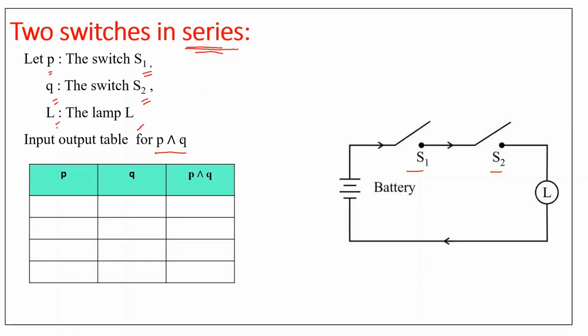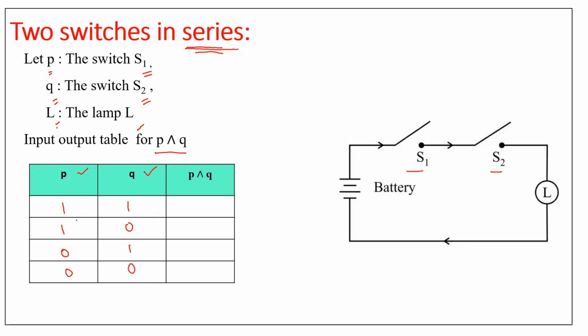As there are two components, that is two switches, we take P as first, Q as second. If you remember, we take P as TTFF, but here we don't use T and F, we use 1 and 0. So we write P as 1 1 0 0 and Q as 1 0 1 0. It's very simple. Compare this with the truth table of conjunction, where TT is T, otherwise it is false.